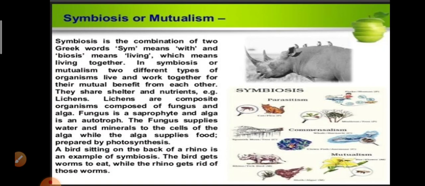For example, lichens. Lichens are composite organisms composed of fungus and algae. Fungus is a saprophyte and algae is an autotroph. The fungus supplies water and minerals to the cells of algae, while algae supplies food prepared by photosynthesis.